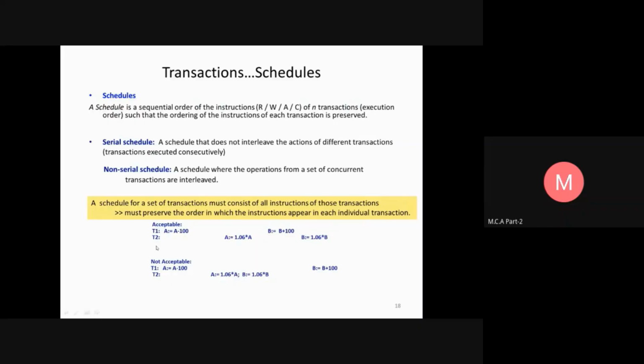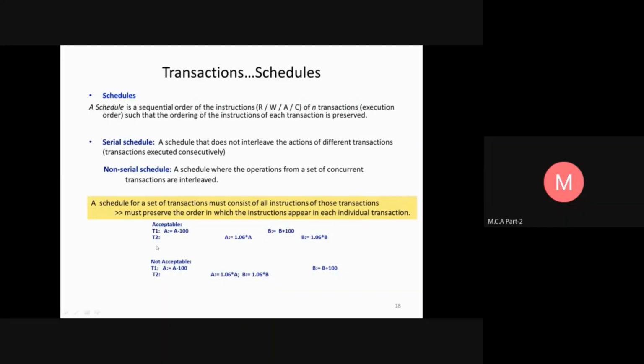So T2 reads the updated value of A from T1, but when it comes to B, it is not reading the updated value of B. It is reading the previous value of B that was there in the database, because T1 has not yet updated B. Okay, so because of that, the view that it has of the values A and B would lead to an inconsistency in the final output. So such kinds of schedules are not acceptable to be executed by the transaction monitor.